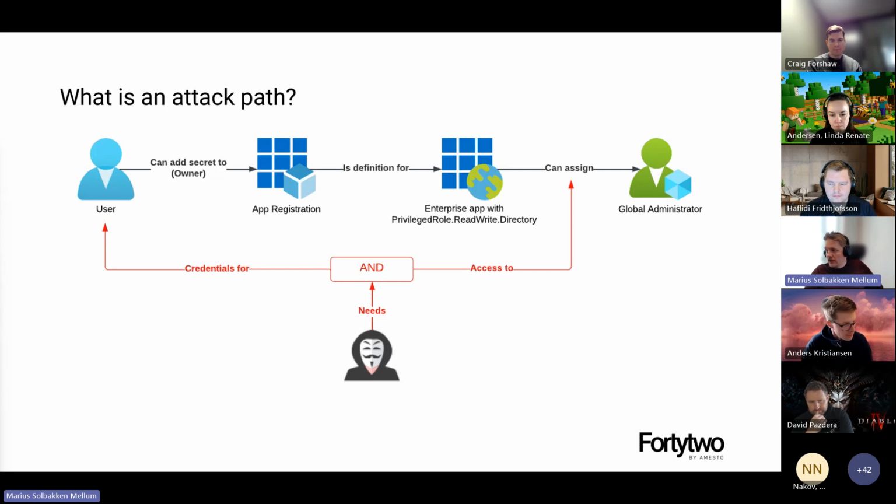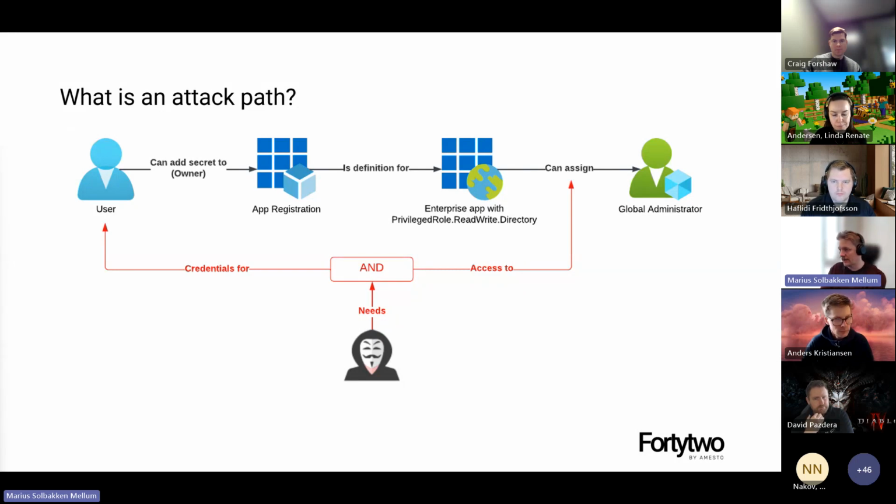For example, an attacker has access to credentials for a user and is able to sign in, and a credential here could also be an access token. They can then use that user's privileges to add a secret to an app registration. The app registration is just a definition for an enterprise app with some privileged role, and that again can be used to assign global administrator.